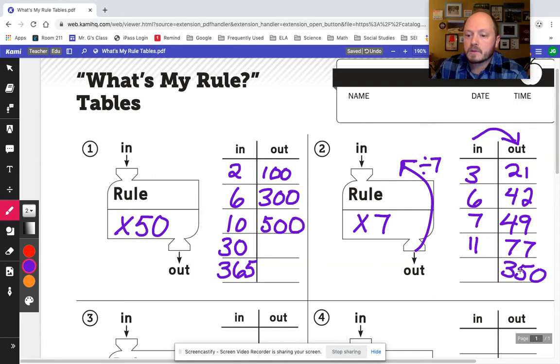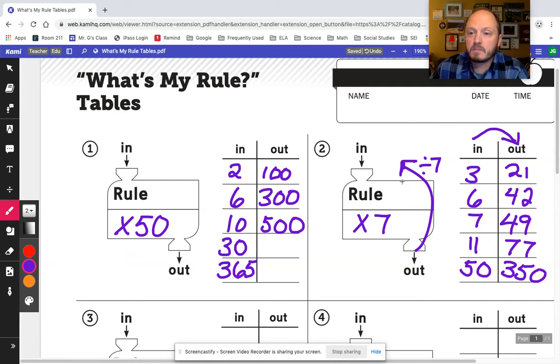And then we can say, what times 7 equals 350? 350 divided by 7 is 50. Okay, so we can see how our number pattern applies here, right? Every number that's going in is multiplied by 7 to go out, right?